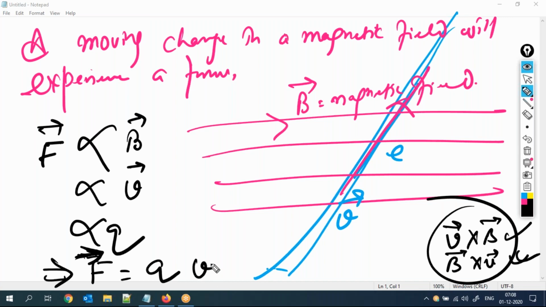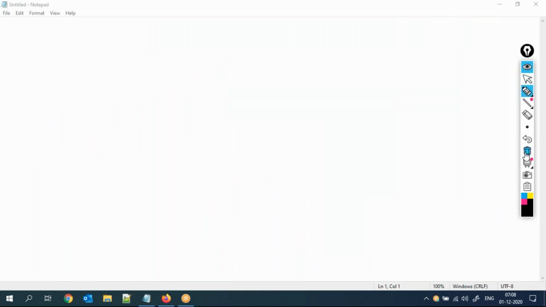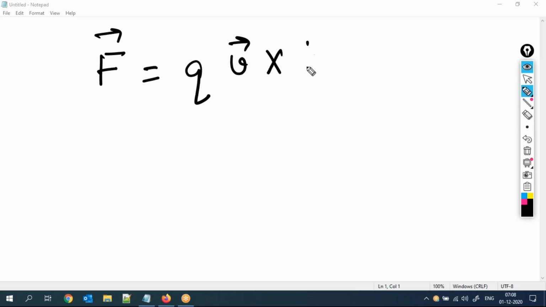So we know by experiments this is QVB. And this is the Lorentz force, and this is very, very important. Clear? So Lorentz force F equal to Q V cross B.